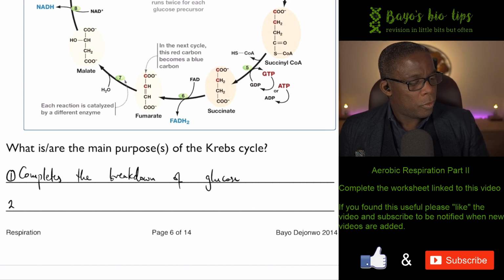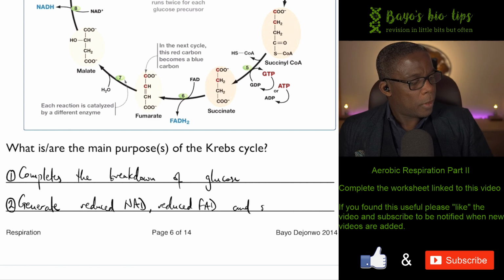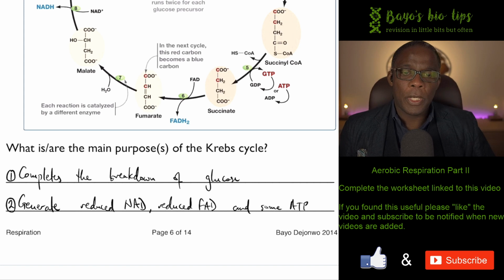And number two, to generate reduced NAD, reduced FAD, and some ATP. Okay, so that is the point of the Krebs cycle.